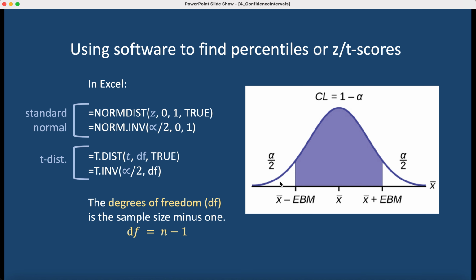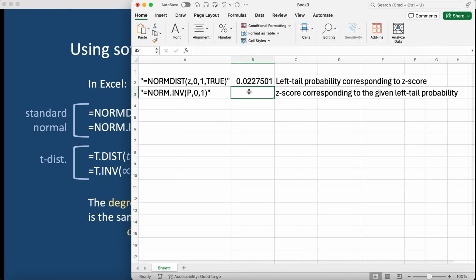I'll come back to Excel for a second. We want a 95% confidence interval, and we want to know the correct z-score. We do know the correct z-score because we've used it before, but I'm showing you how the calculation works in Excel so that you could do it for any confidence level you wanted.